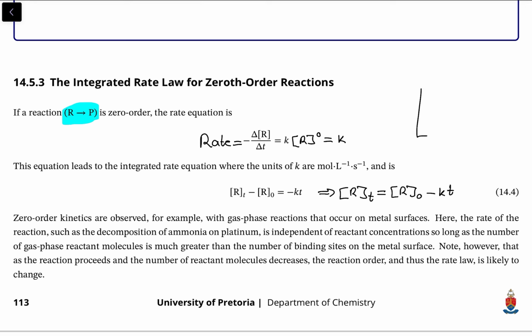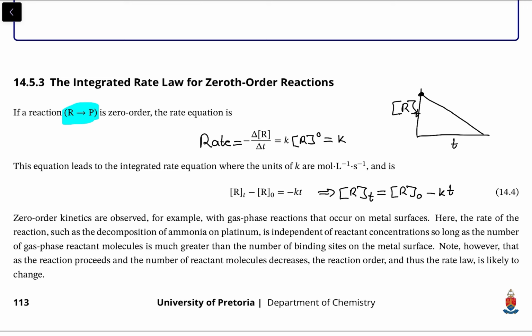If you were to draw that, and you think of it as [R]t versus time, it means you start at whatever the initial concentration is, and eventually you should end up at 0. So it's a straight line that proceeds all the way to 0, which is kind of cute. Eventually this kt is going to equal [R]0, and it's just a straight line with a negative slope.